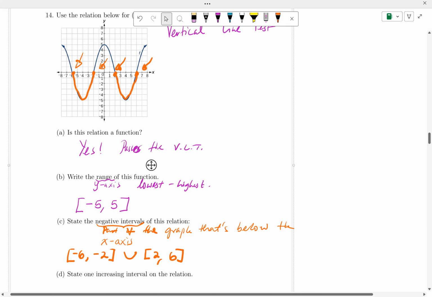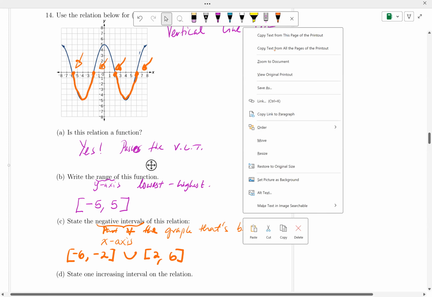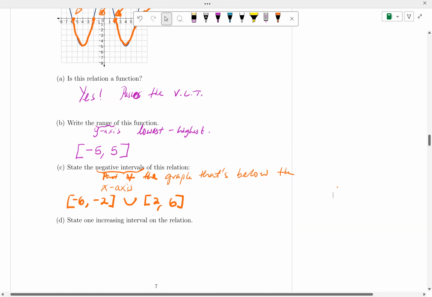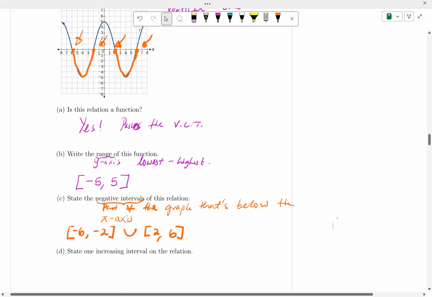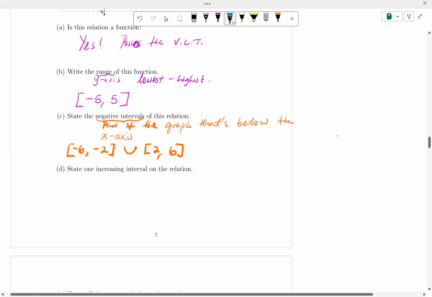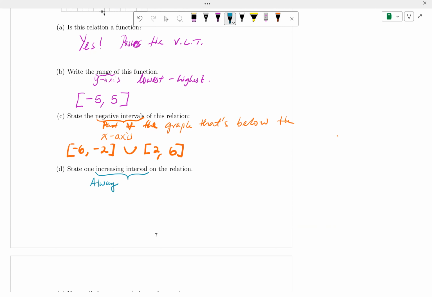Next question, this is part D, is inviting us to give one increasing interval of the relation. To determine if a relation is increasing or decreasing, I want to remind you, always read from left to right. That's how you determine if a graph is increasing or decreasing.